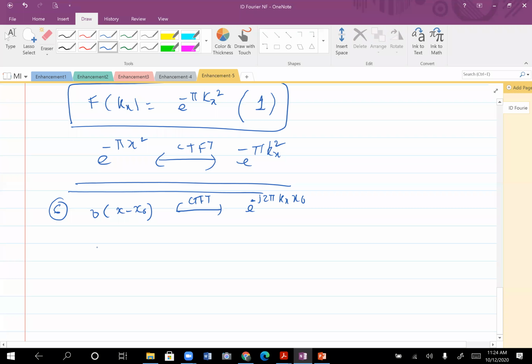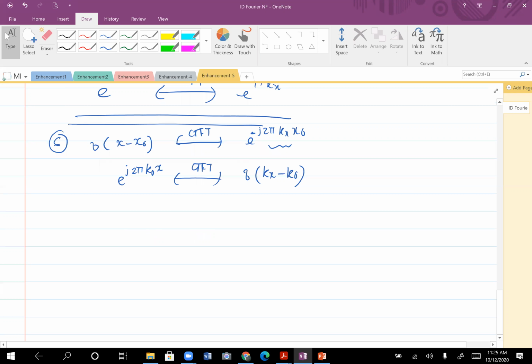To get the same thing, you change kx to x and x to kx, and also change the sign. So you would be getting here e power j times 2 pi times k naught x, and you want k to be constant now, right? Because this is a function of x, so you made it k naught. Now, what would be the CTFT of it here? Delta of kx minus k naught. Right, good. Kx minus k naught.